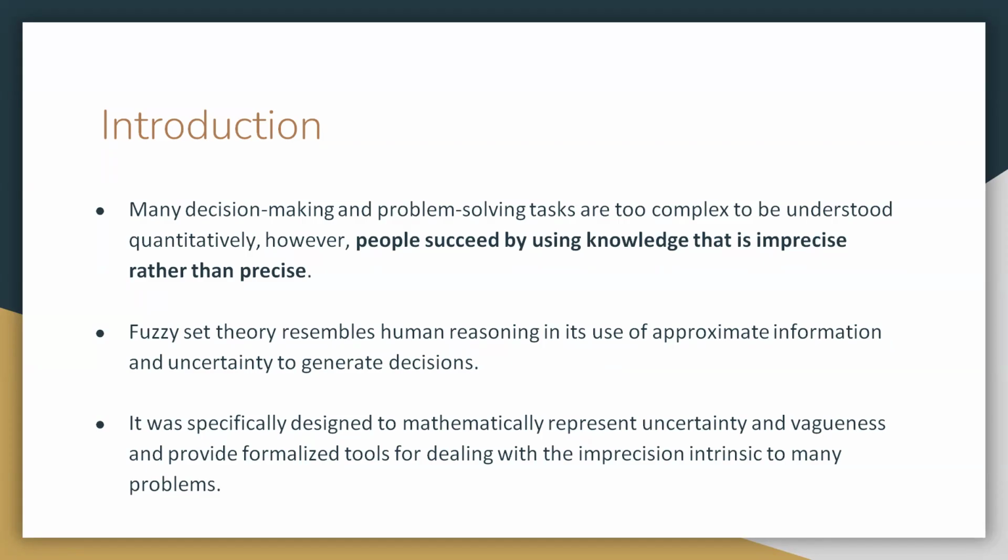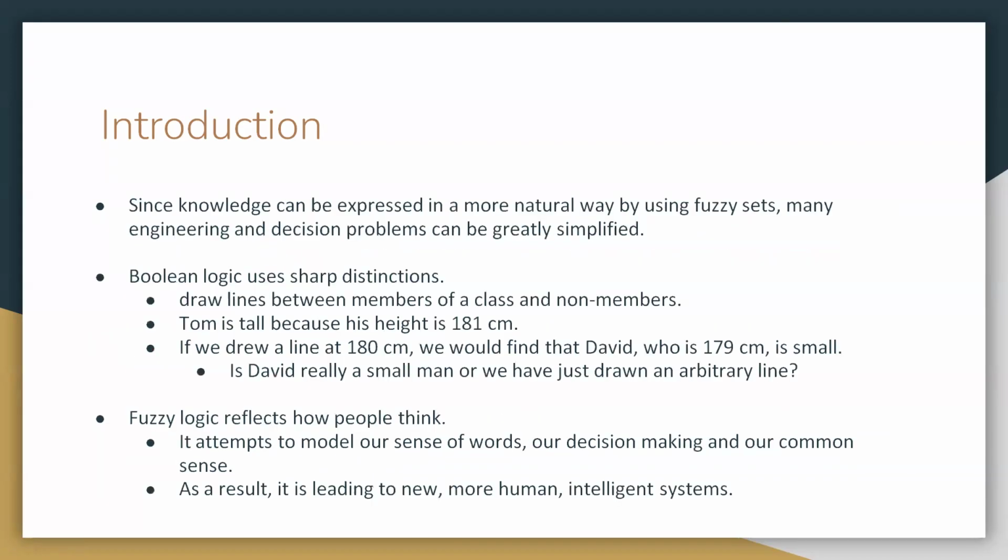So based on this uncertainty or vagueness, we have to come to a particular decision, right? So we have to have a concept of the same human reasoning. It was specifically designed to mathematically represent uncertainty and vagueness and provide formalized tools for dealing with imprecision intrinsic to many problems.